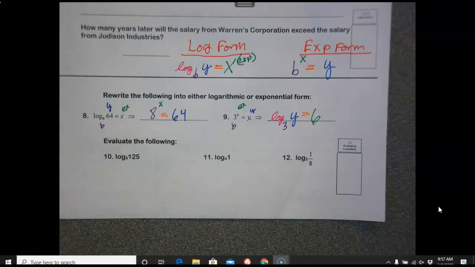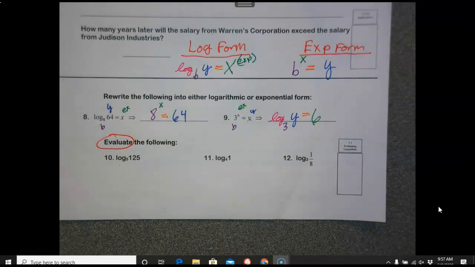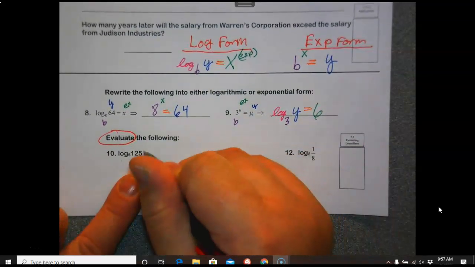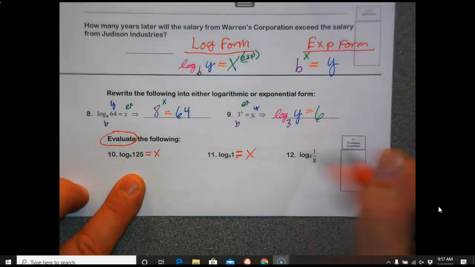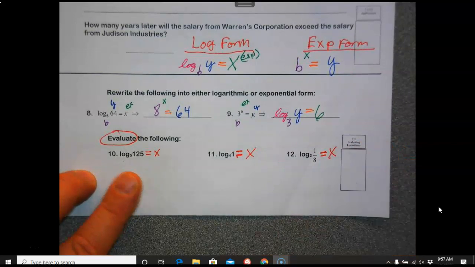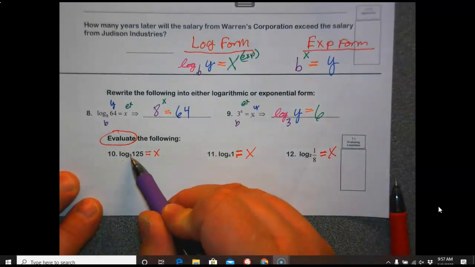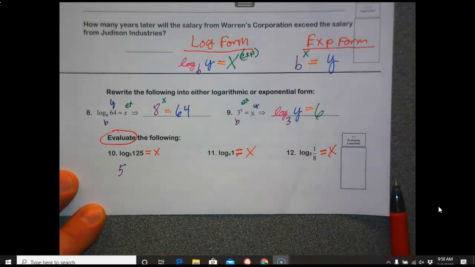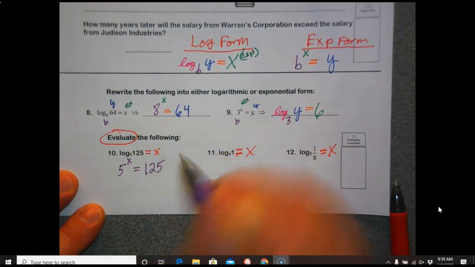All right, 10 through 12. Evaluate. Well, we're missing something. Right? Notice we're missing the x, the equals x. Well, let's go ahead and put them in. Okay. And I'm going to put this in exponential form because it makes my life easier. Base 5, exponent x equals y, 125.